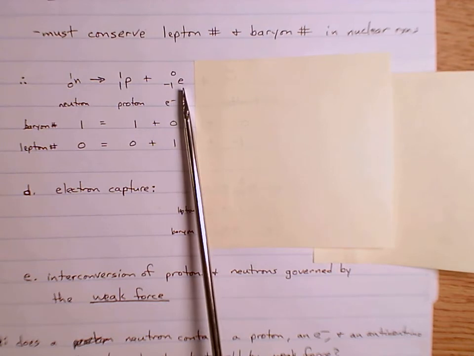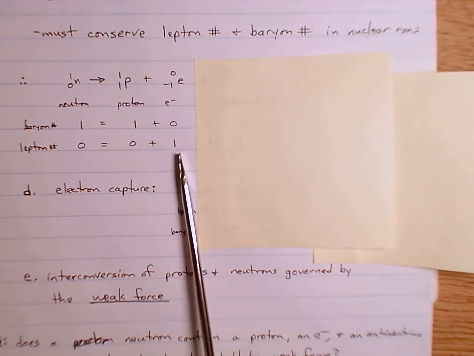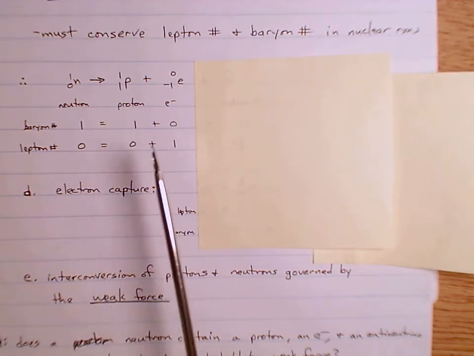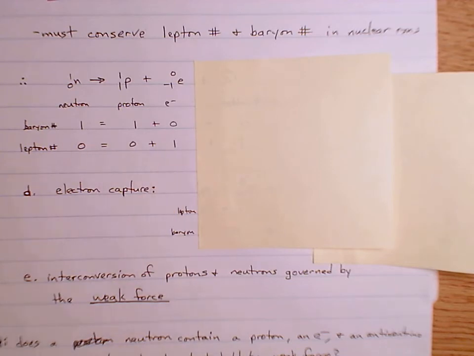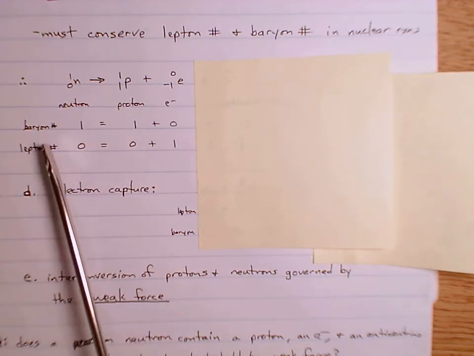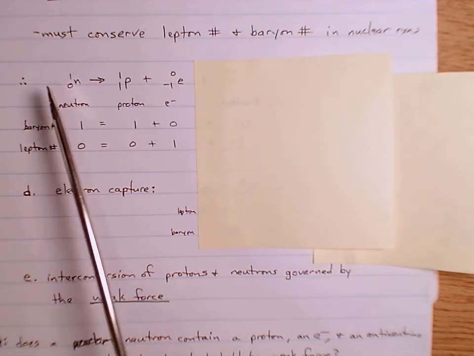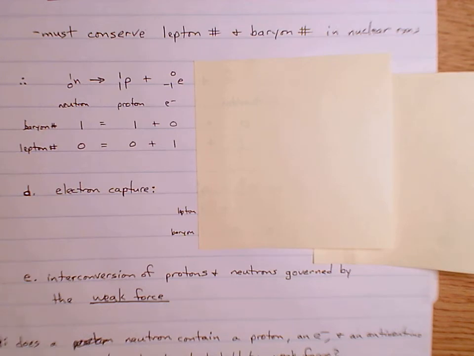We have this beta particle given off on the product side, which means we need another lepton to make this side equal this side. It turns out, if there are no other leptons over here, the only thing that can be given off in a nuclear reaction is a neutrino.